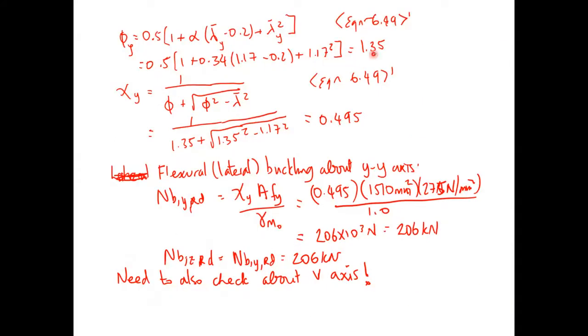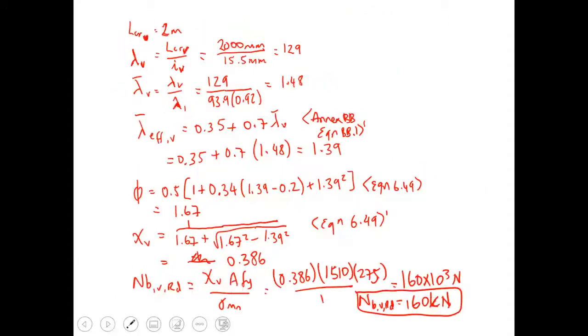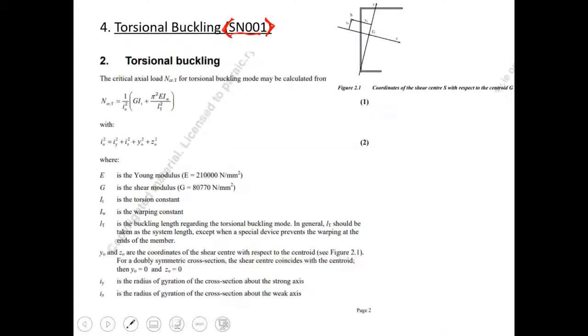Then we had the phi value, 1.35, which we plug into equation 6.49 for the reduction factor, along with the normalized slenderness of 1.17. We got 0.495, and from that the flexural buckling about the y-axis by plugging in the cross-section resistance, giving us 206. We did the same about the v-axis and got 160.